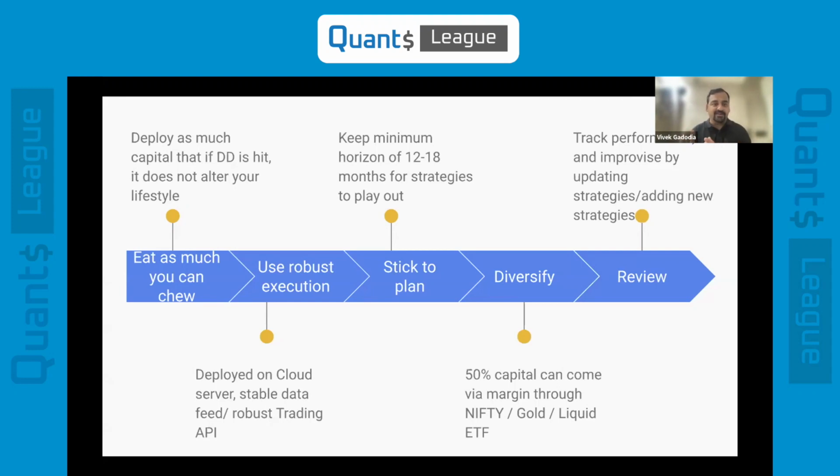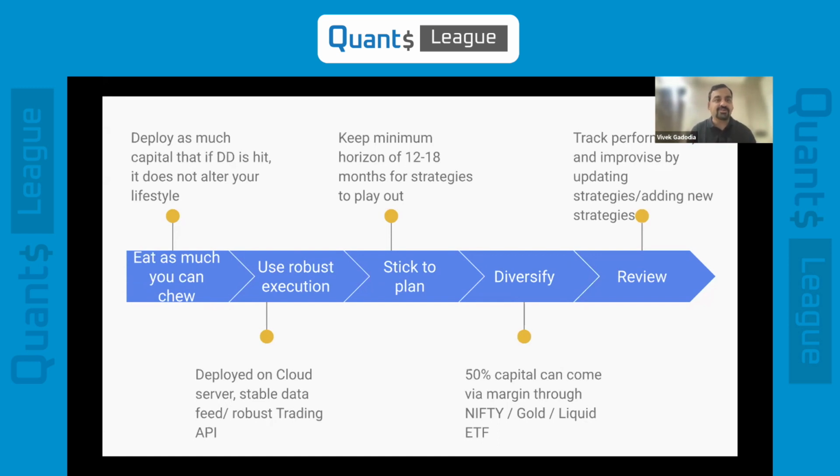If an algorithm has done something in the past, it will not necessarily do exactly the same in the future. But if you've tested well and if your idea is basically sound, and it may be simple but it is sound, then when you run a basket of strategies, the chance of that working together increases and the chance of survival increases, right? However, you have to keep reviewing it over time also.